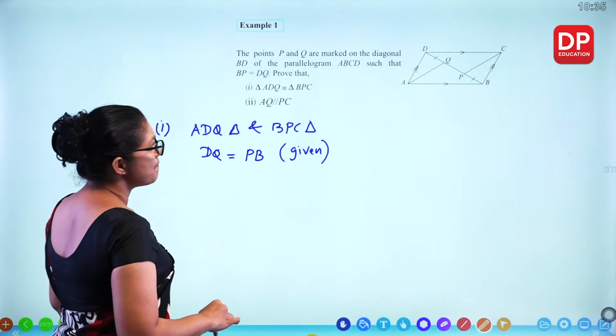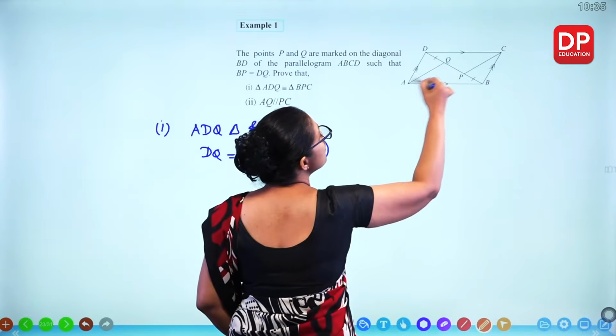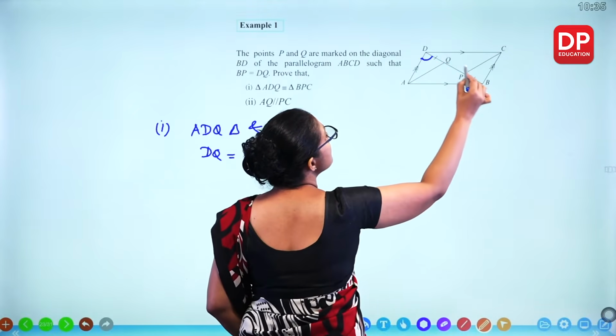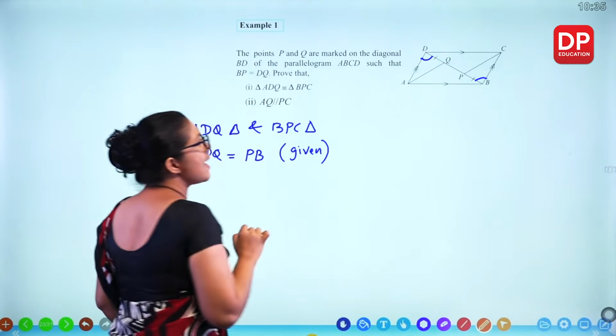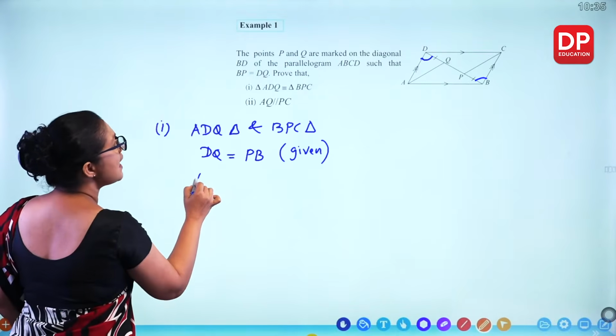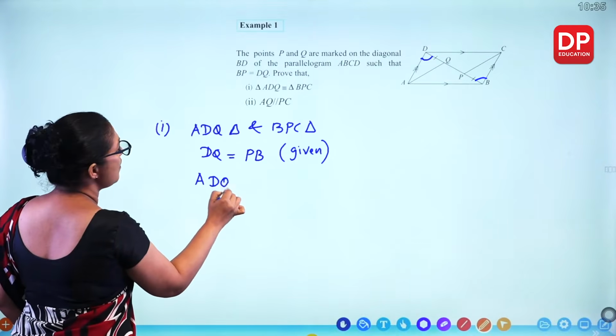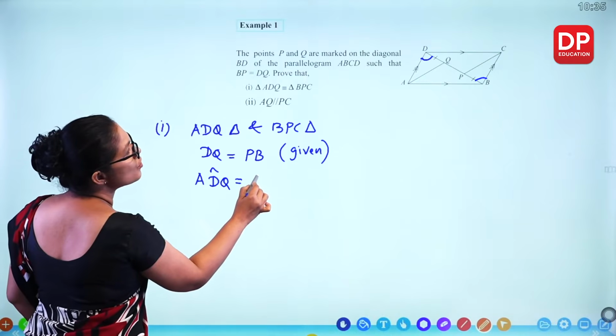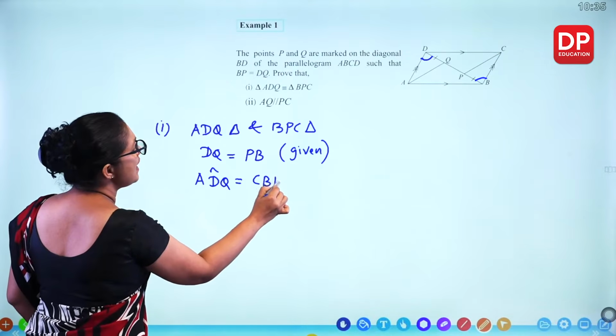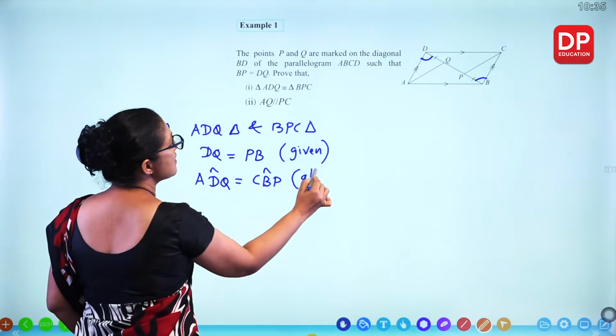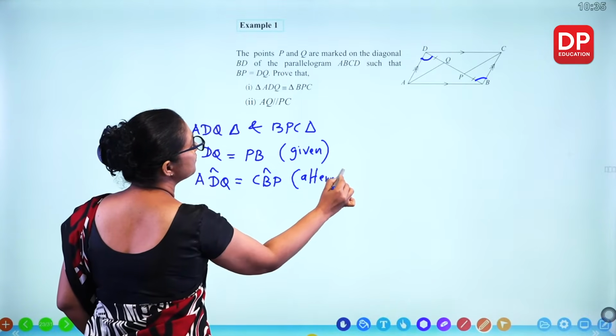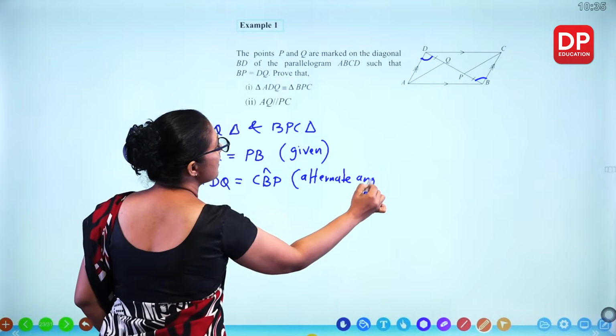And also, when you take these two parallel lines, this is equal to this angle. Alternate angles. ADQ angle is equal to CBP angle. That's alternate angles.